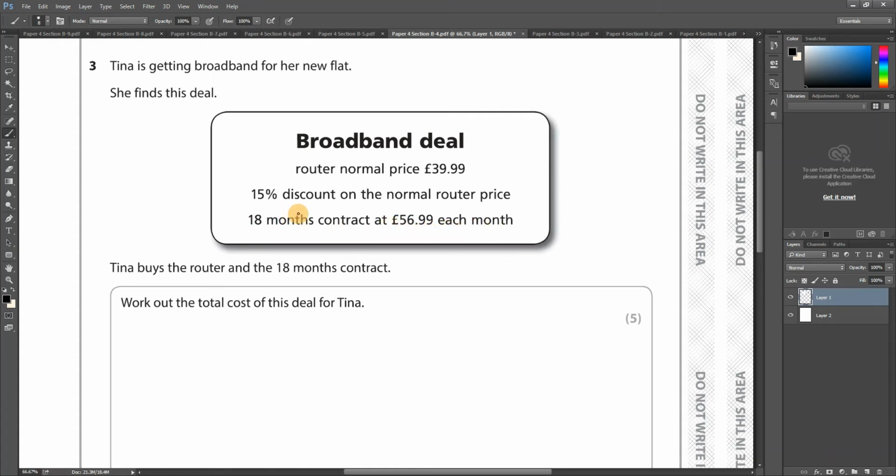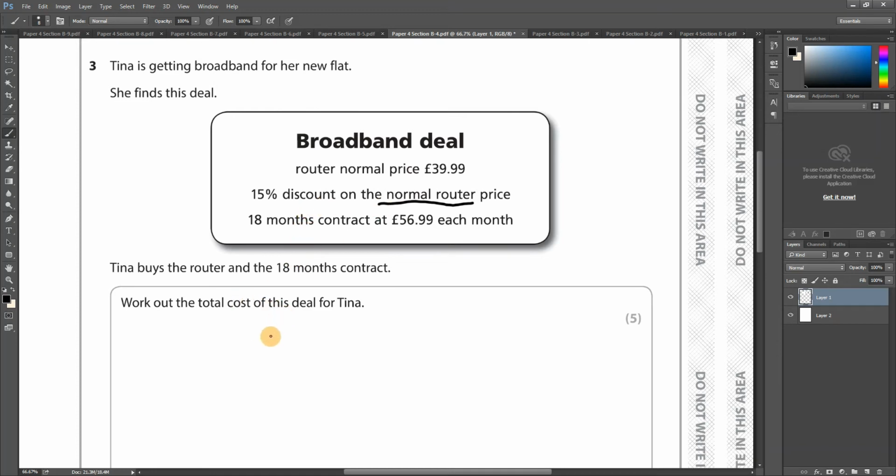Okay. What's the discount? Let's just double check the discount. 50% discount, just on the router. Okay, so let's work out. It really doesn't make a difference which order you do this in. Let's do the 50% discount.